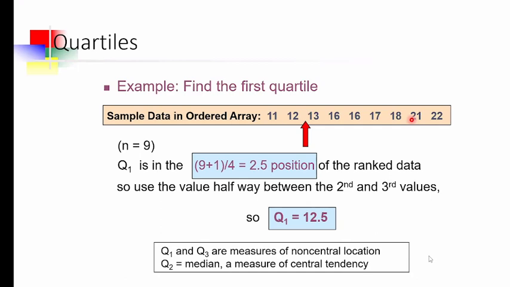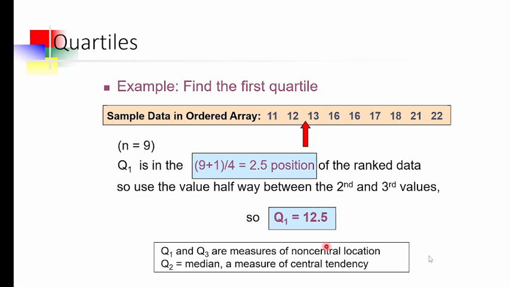Now look, the median is a measure of central tendency. It represents the central location. But Q1 and Q3 are non-central locations. This is the difference between Q1, Q3 and Q2.